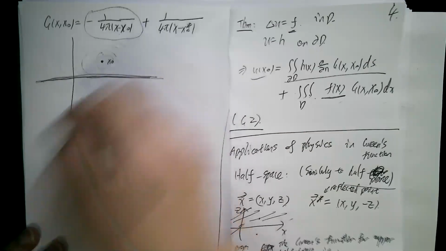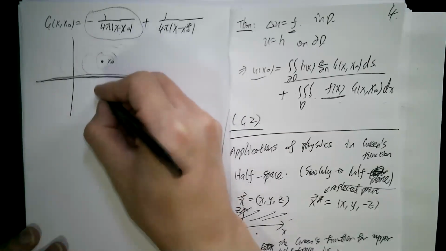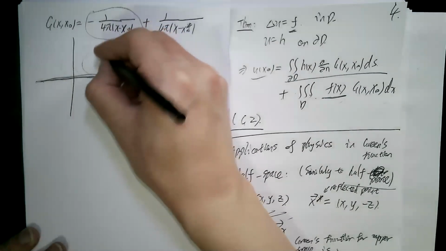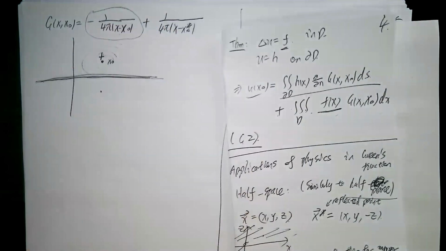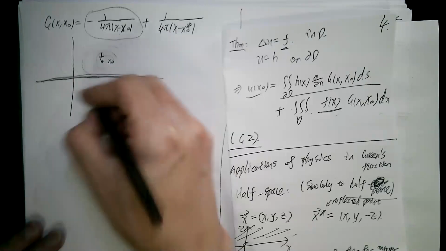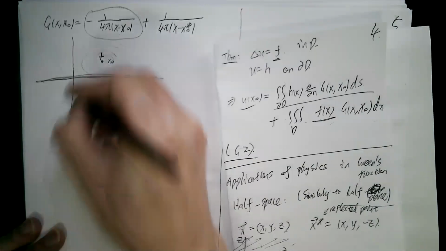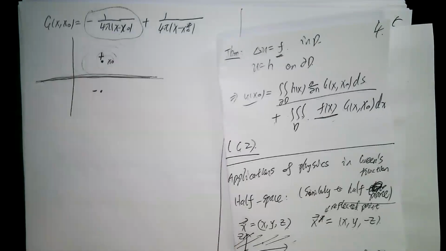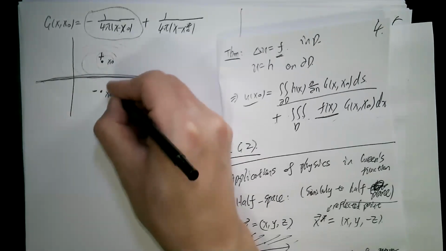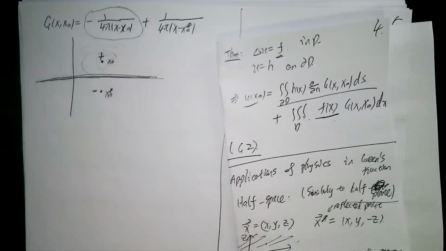The idea is you can put a positive electron at x0, and then put a negative electron at the point x0 star, the reflected point.